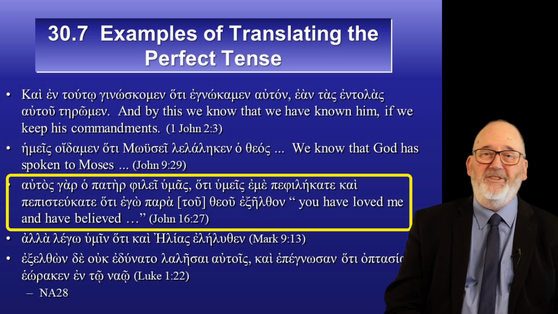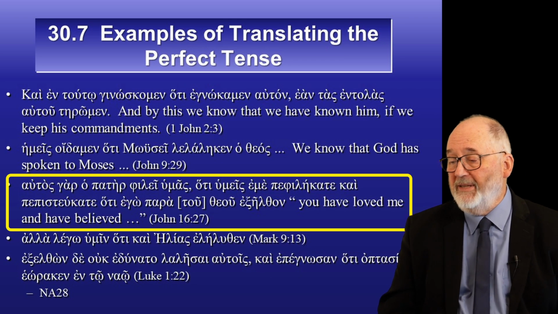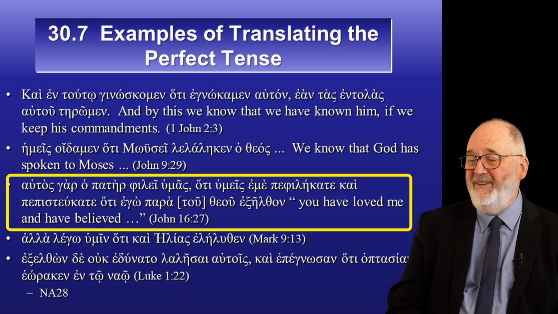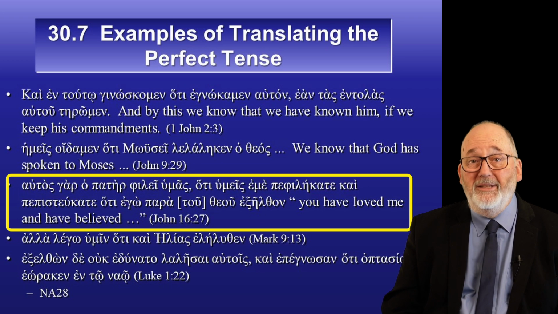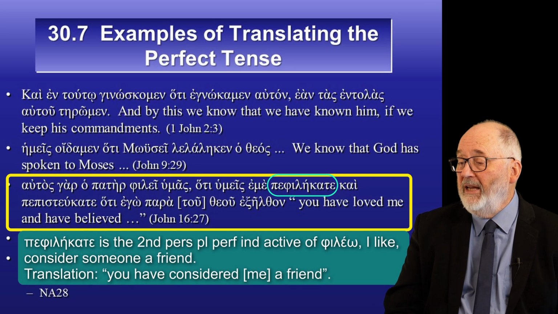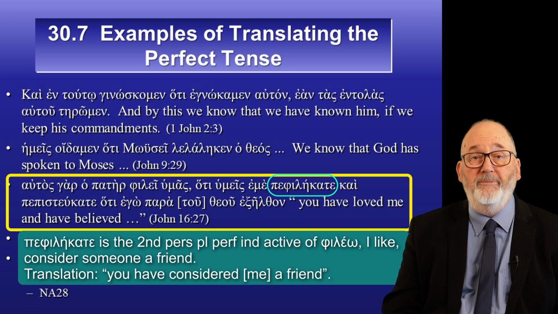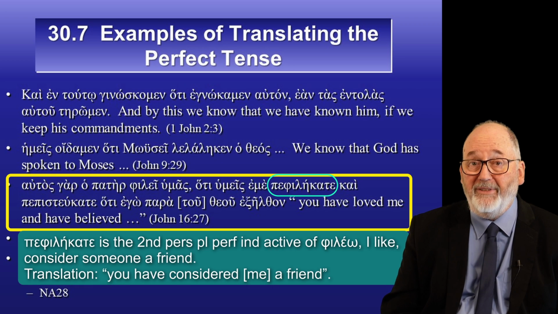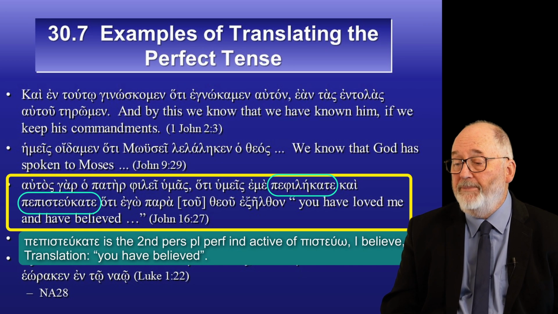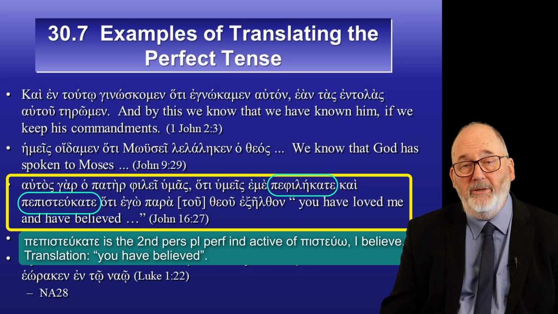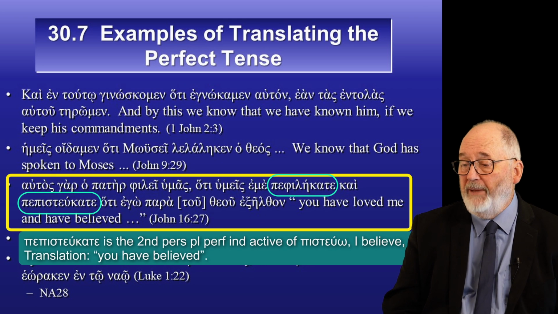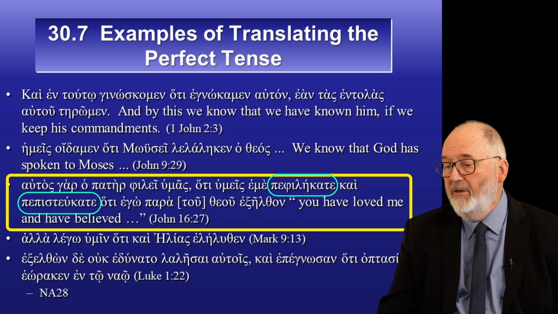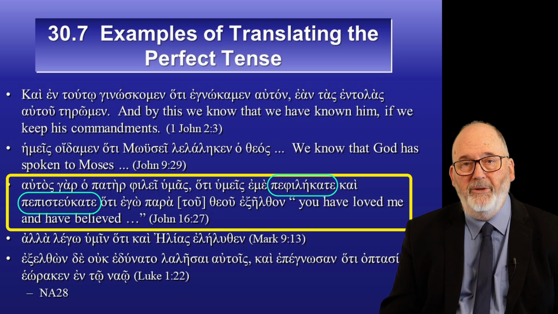Now, you'll notice I hesitated there because it's I have come out from God, literally, isn't it? But English doesn't find that very tolerable. So the perfect verbs here are pephilēkate from phileo, and you'll notice the reduplication is pe-ph at the beginning of this, and pepisteukate from pisteuo, the reduplication is pe-p. And it's actually you have loved and you have believed.